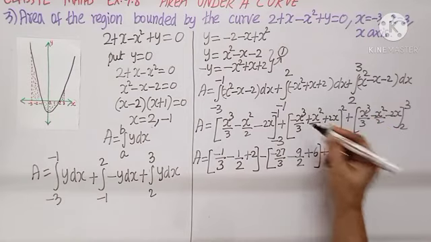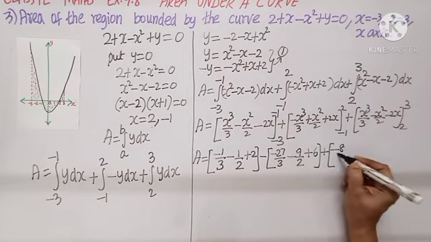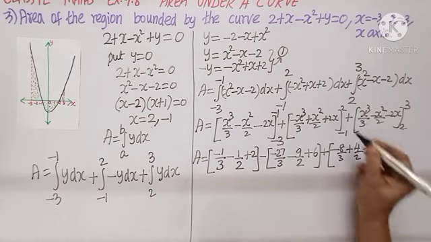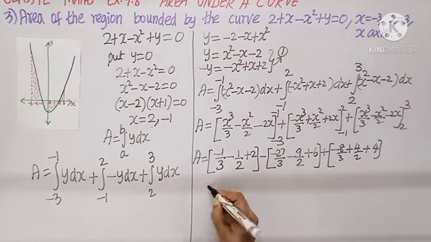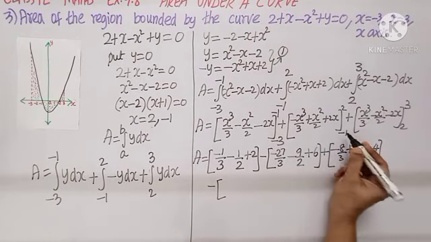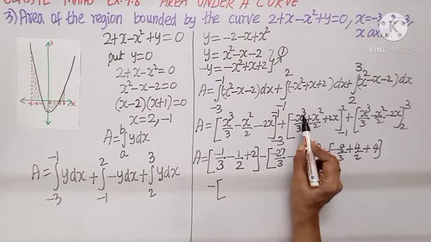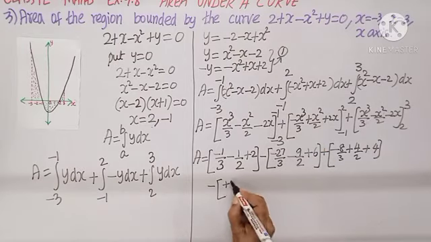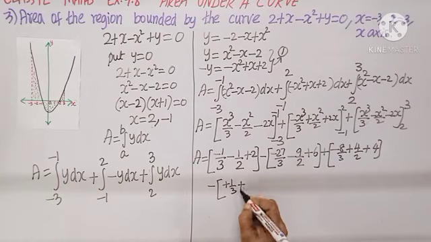Wherever x is coming, put 2. Minus 2 cube by 3 plus 2 square by 2 plus 2 into 2, minus, wherever x is coming, put minus 1. Minus 1 cube is minus 1, into minus, so it is plus 1 by 3.